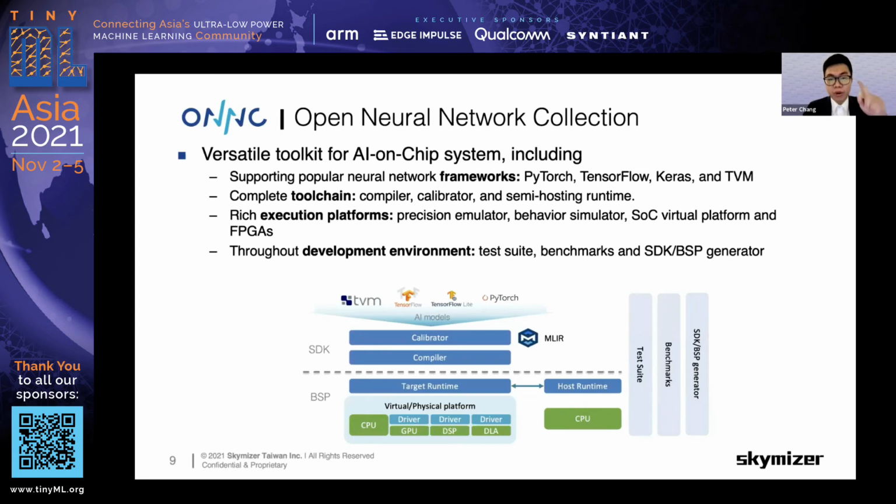But as I said, we support TVM as our front end. So you can train on TVM and use our inference if you focus more on memory usage. The difference between TVM and our solution is that they are a total solution, including training and inference. We're more focused on inference and on memory optimization.